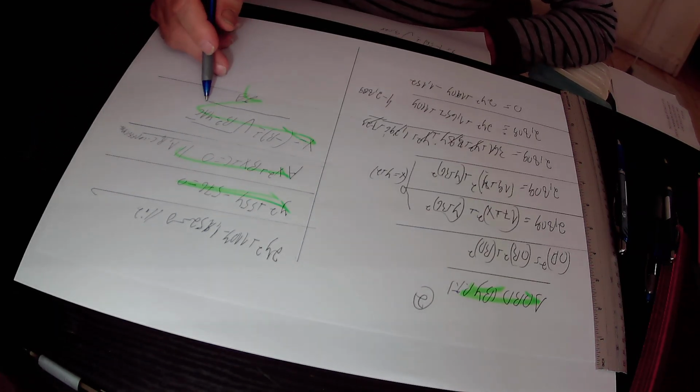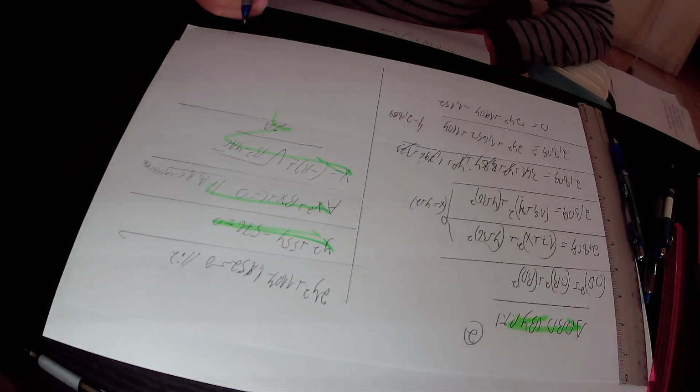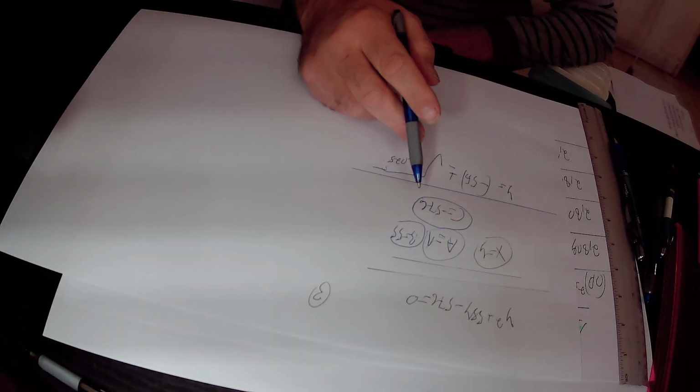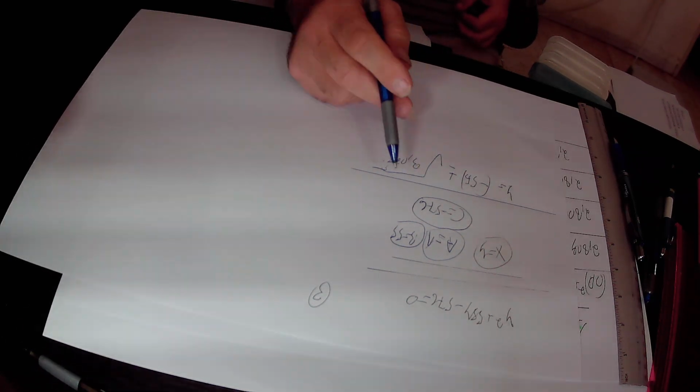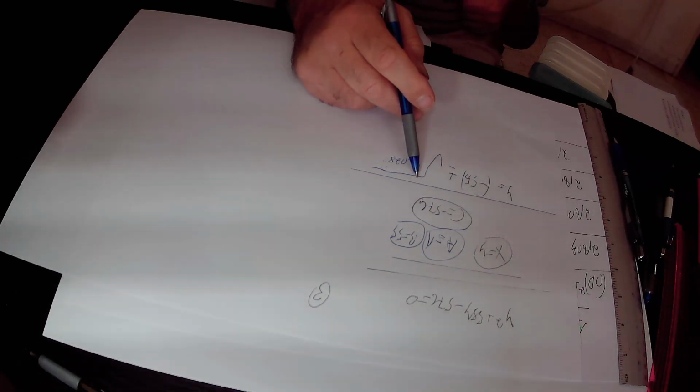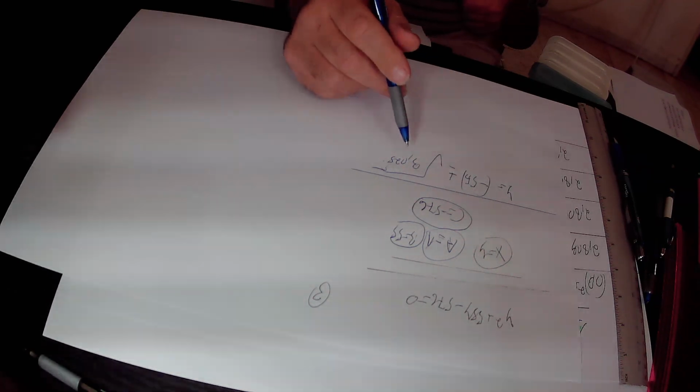Minus 4 times a times c. A is 1, so minus 4 times 1 is minus 4 times c. C is minus 576, so minus 4 times minus 576 is equal to 2304.